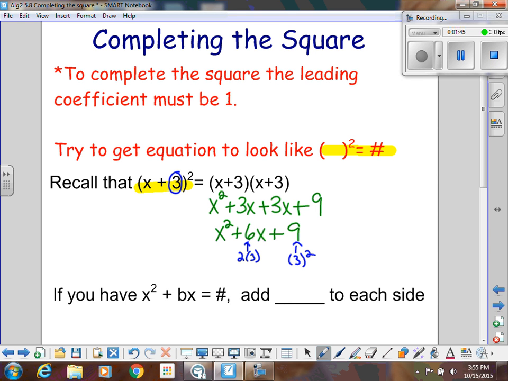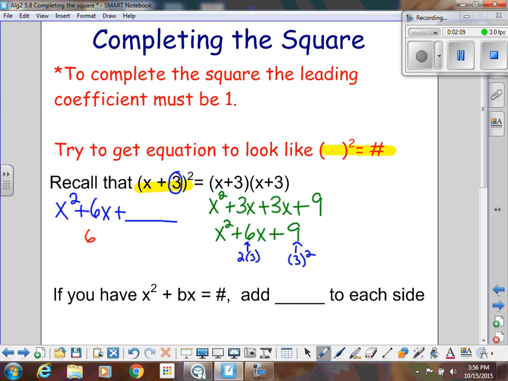So if I was just given something that looks like x squared plus 6x, and I wanted to know what goes here to make that a perfect square trinomial, I want to somehow get to 9 right here. If I want to get from 6 to 9, what would I do? Well, I'm going to go from 6 back to this 3.